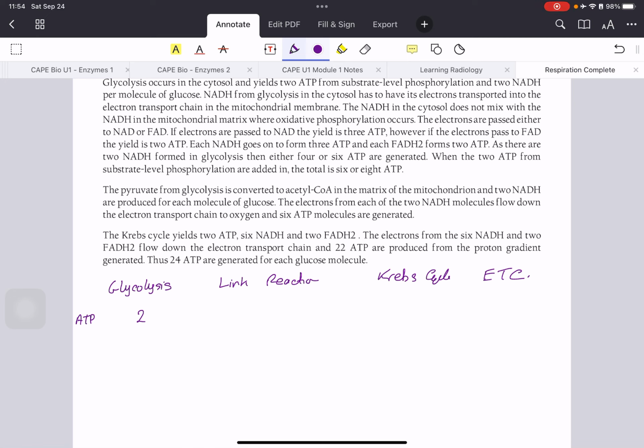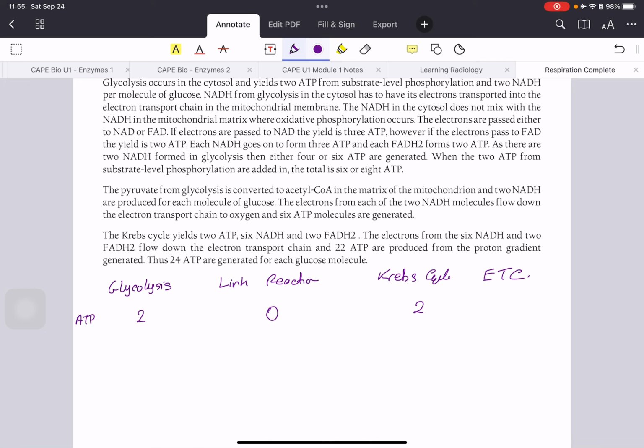In the link reaction, we didn't have any ATP being made. We only made the NADH molecule, right? So in the link reaction, we made no ATP, right? In the Krebs cycle, each Krebs cycle, we make 1 ATP molecule. And remember, per glucose molecule, we actually have 2 Krebs cycles. So in the Krebs cycle, we make 2 ATP molecules there, right?